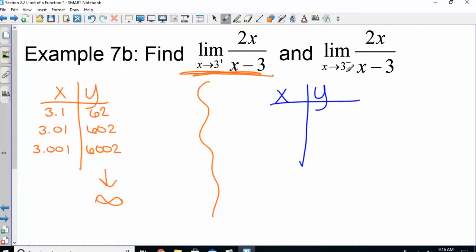So we need numbers smaller than 3. Like 2.9, 2.99, 2.999.